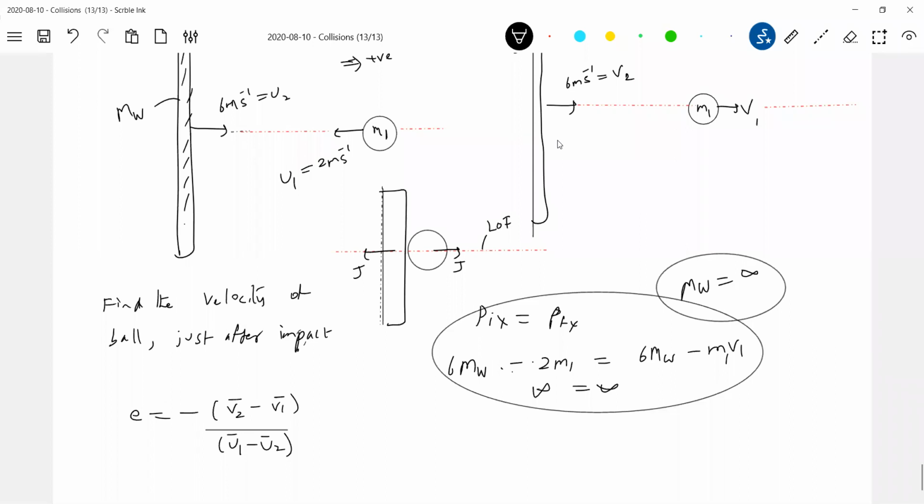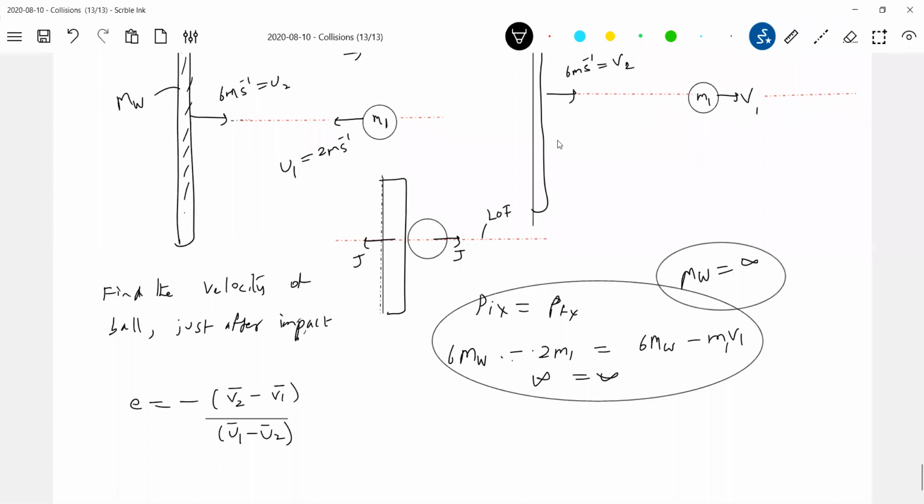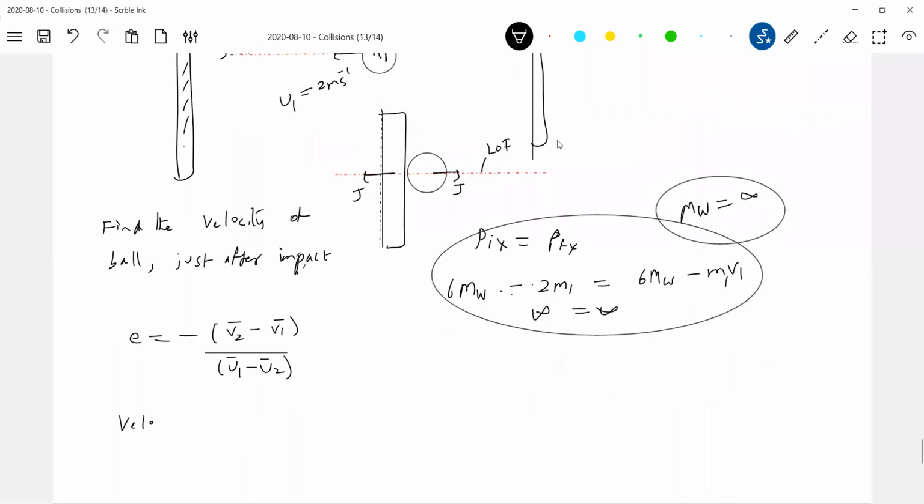In the definition of the coefficient of restitution, what are V2, V1, U1, U2? They are velocities. The negative sign will not be there. It should be V1 minus V2. If I remove this, it'll be V2 minus V1 over U2 minus U1. If you want to remove that negative sign, you can write U1 minus U2, because often we forget that sign. I'll prefer this.